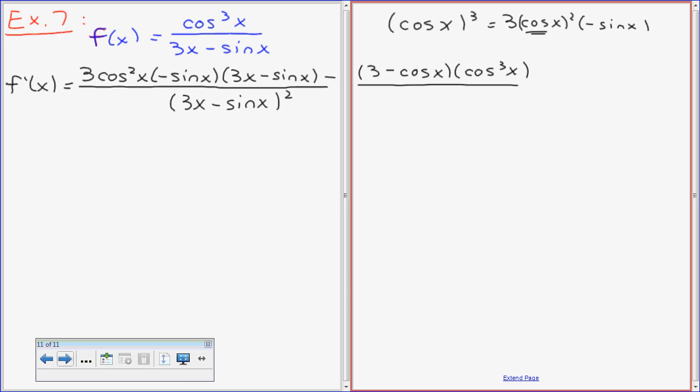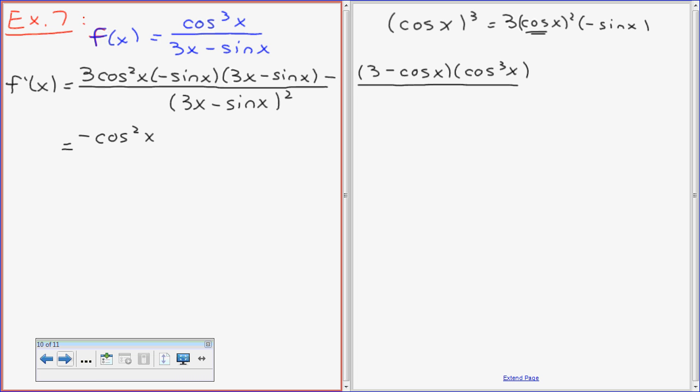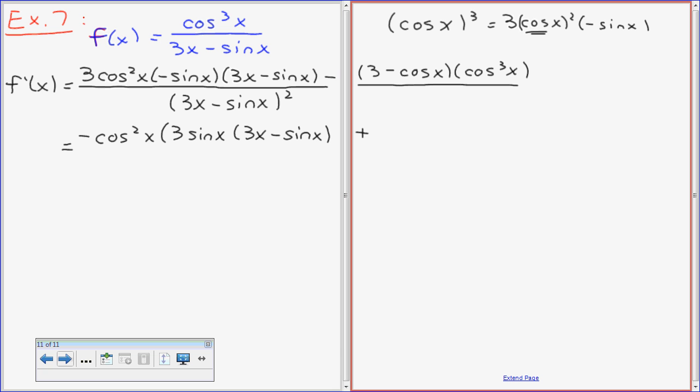All right, things that are common. I see a cos cubed x or cos squared x, and I see a negative. So I'm going to factor a negative cos squared x. That turns into 3 sine x, 3x minus sine x, plus cos x, 3 minus cos x.